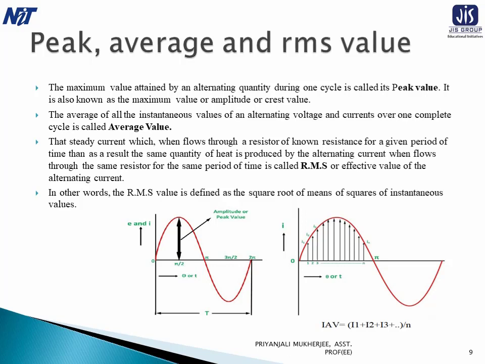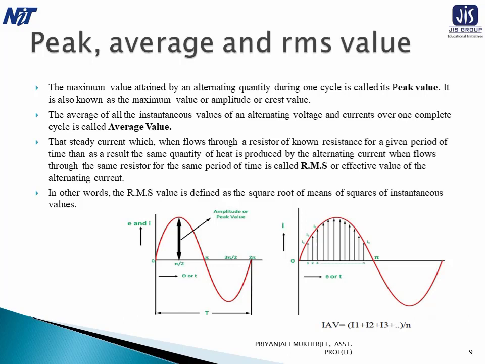Next is the RMS value, or the effective value of the alternating current. The RMS or effective value of an alternating current or voltage is given by the steady current or voltage which, when flowing or applied to a given resistance for a given time, produces the same amount of heat as the alternating current or voltage flowing or applied to the same resistance for the same time.